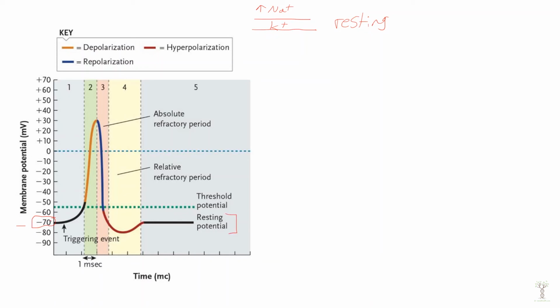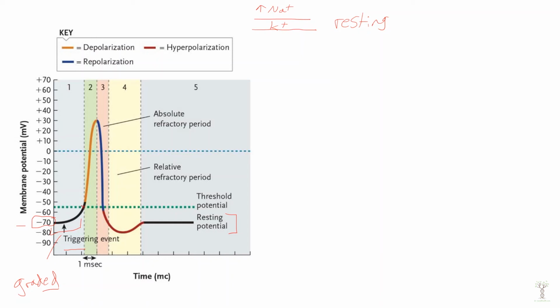Now, in order for an action potential to occur in the axon, there has to be some stimulus, a triggering event. And this is basically the graded potential, which I'm going to explain in more detail in a minute. So this graded potential has triggered an action potential.